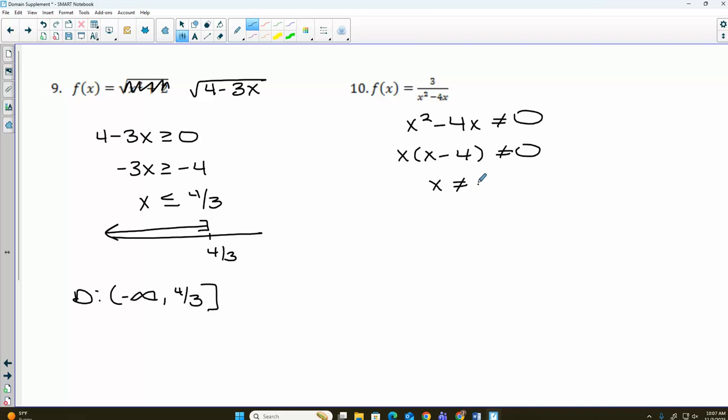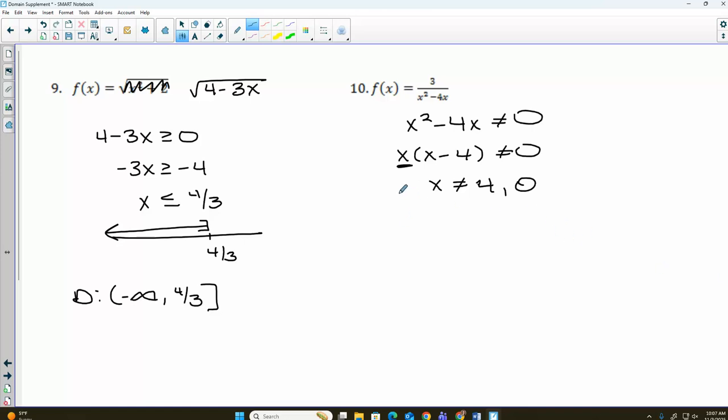Two things multiplied that equals 0. We did another one like it earlier. Can't be a 4. Or what would make this plain x a 0? Just a 0. So when you have things factored, you set each parenthesis equal to 0.